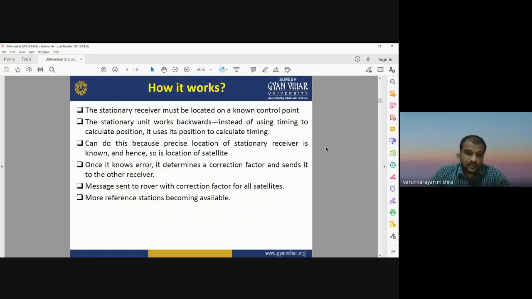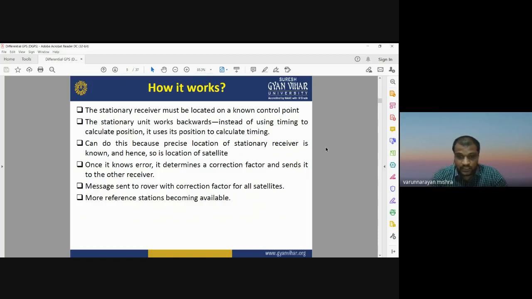Basically, when you know the location of the base station and it receives the signal, obviously there may be some errors in that signal. There may be some error in the positioning, but you already know the position of that base station, and the coordinates measured from the GPS signal coming from the satellite will have some error.